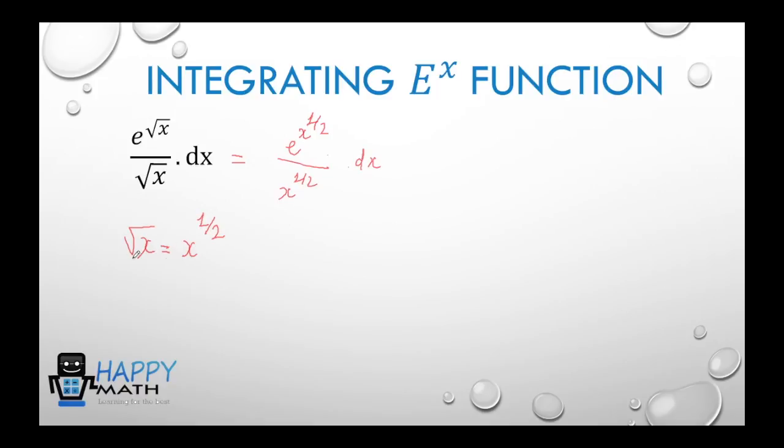And of course you understand this one. Another way: when I have 1 over a power to n, this equals a power to minus n. So this one is x power to 1 over 2 in the denominator position, so I can change this one to equal this one.